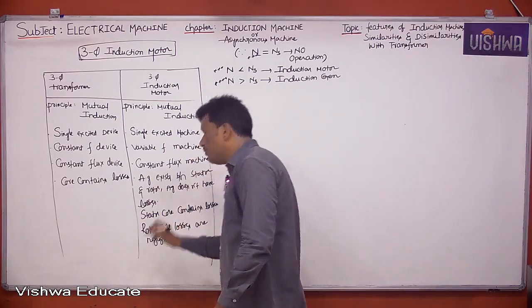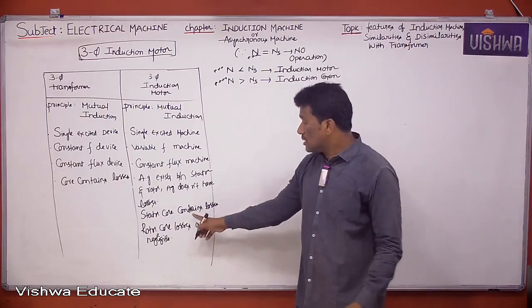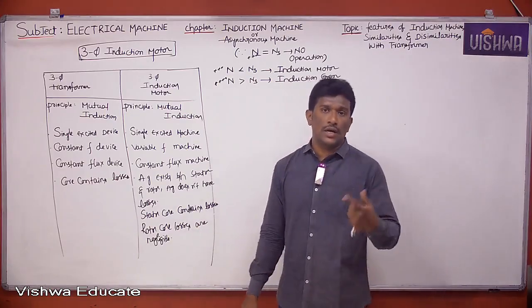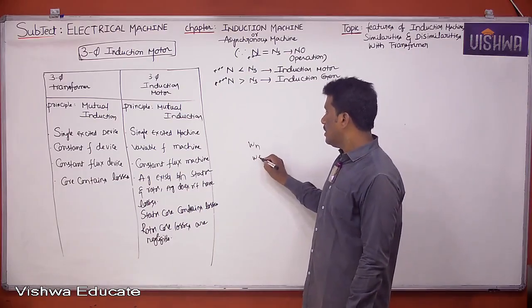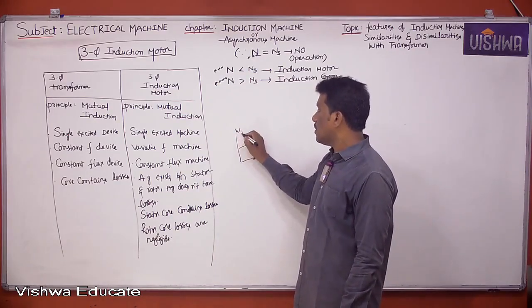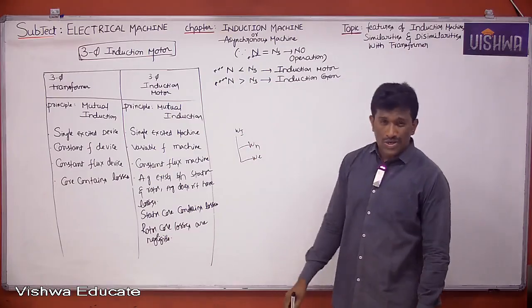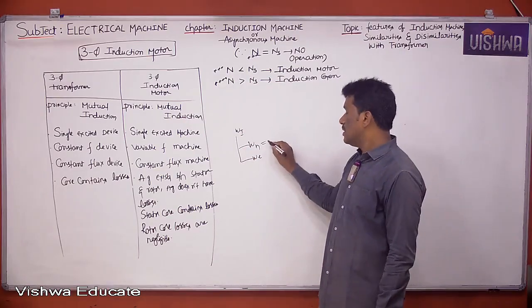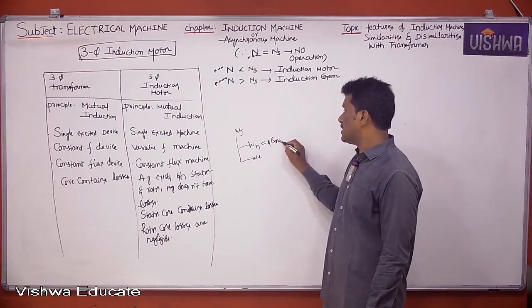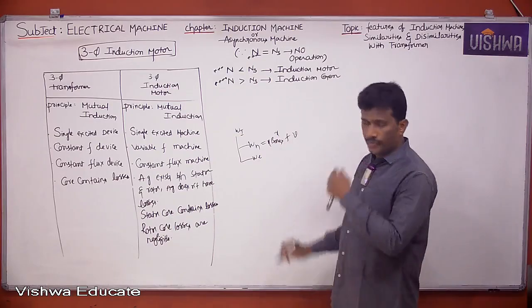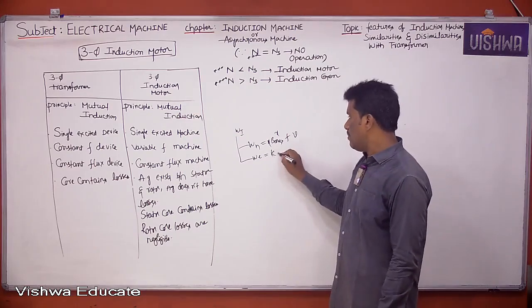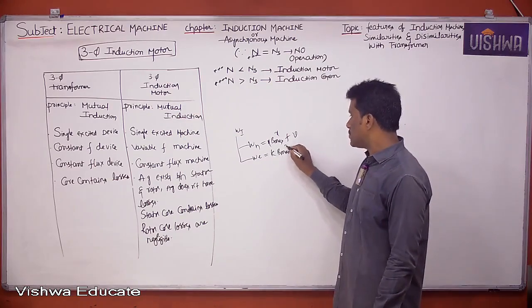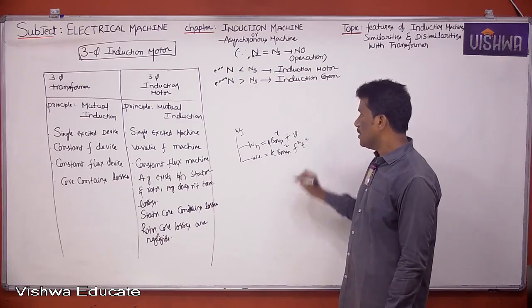For that reason I'll tell you, generally core losses or iron losses depend on frequency. You might have seen WH, WE; these two can be called iron losses or core losses. What is the formula for hysteresis losses? WH equals eta Bmax power x into F into V. And what is the formula for eddy current losses? WE equals K Bmax square F square T square.